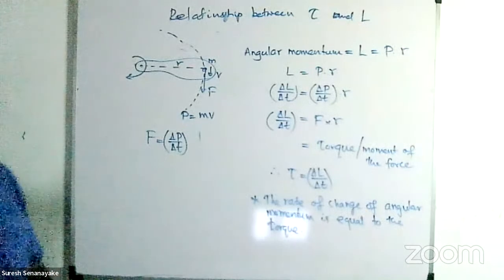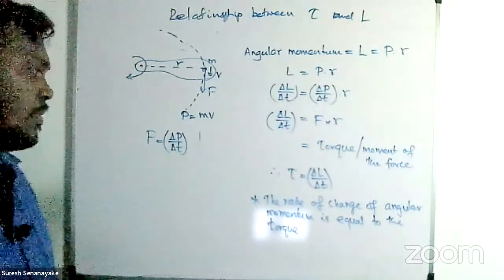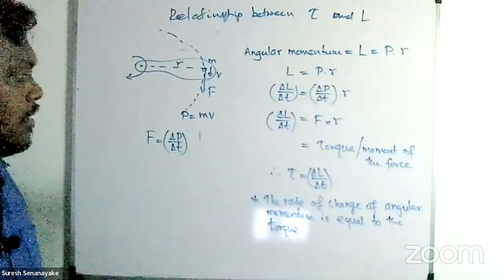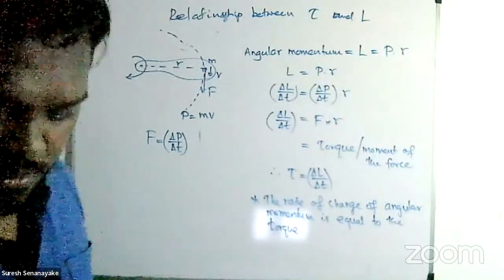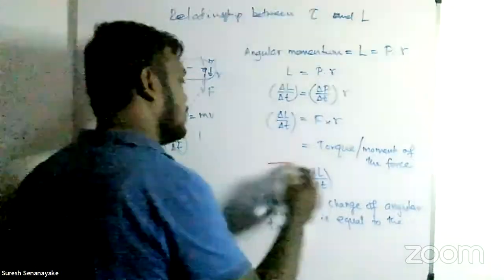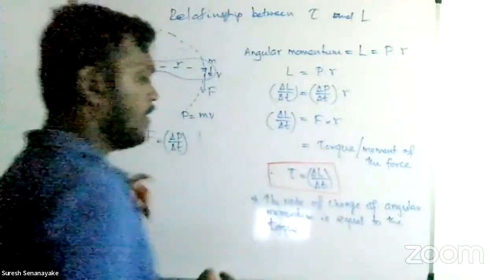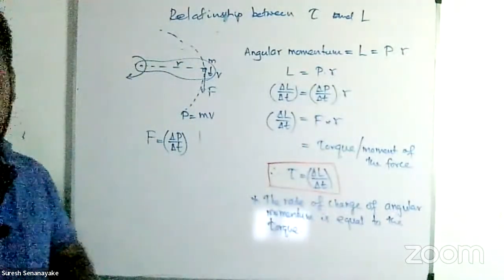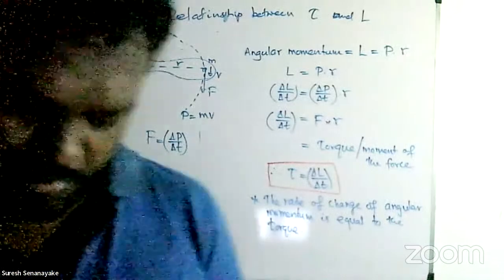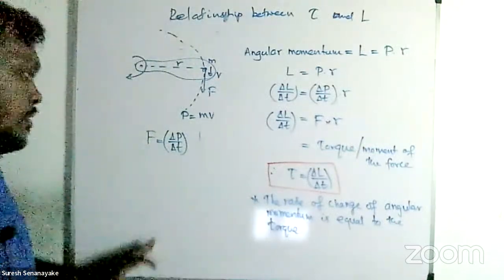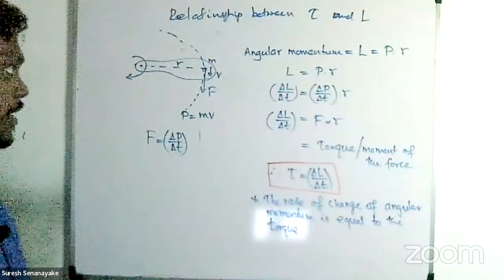Okay, you copy it down there. This is important to you. Torque is equal to the rate of change of the angular momentum. Okay, you can write down. If you don't understand, let me know and I'll explain again.